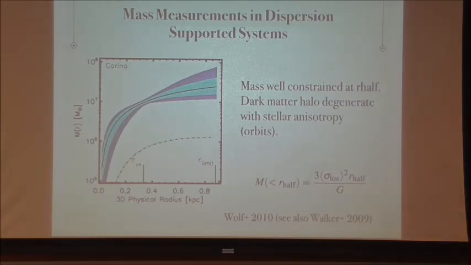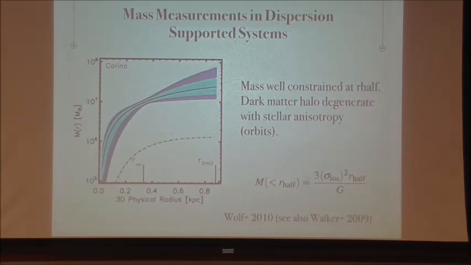One of the problems, though, is that we can only make a well-constrained mass measurement at the half-light radius. This is because we have incomplete information. We basically have three coordinates out of phase space. We have the x, y position, and we have the z coordinate. We don't have proper motions.